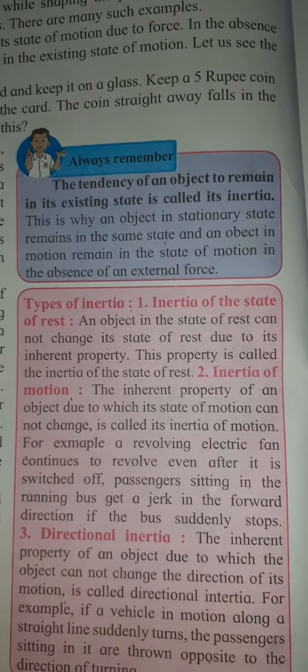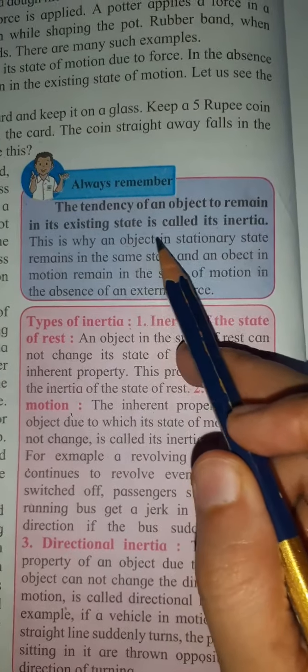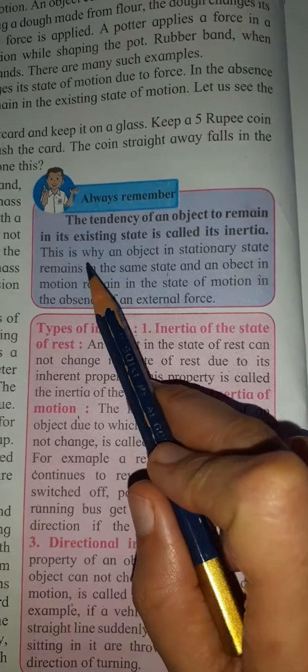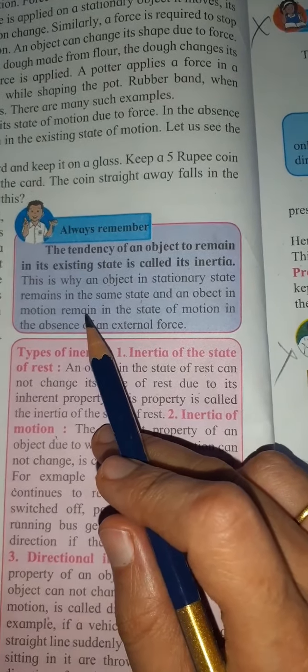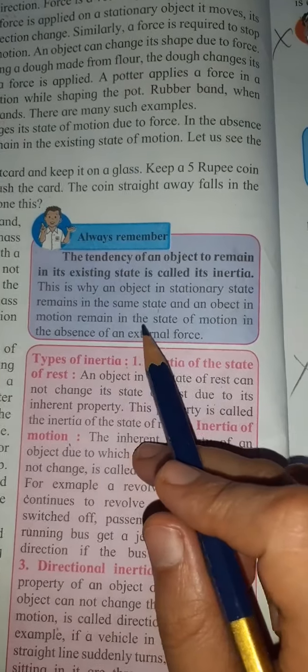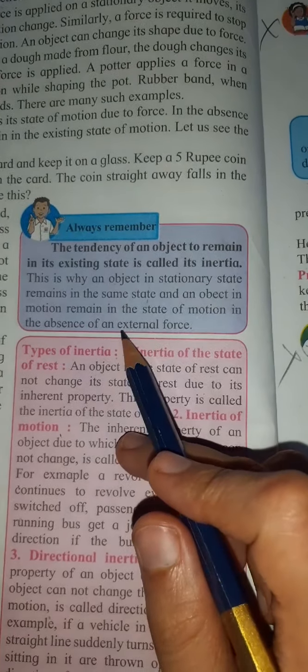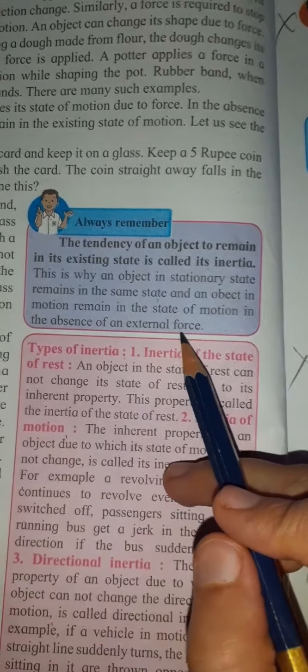So if you want to change the state of any object, we have to use force. To understand this statement better, I'll read out these lines. After the definition of inertia, they are saying that an object in a stationary state, which means not moving, remains in the same state, and an object in motion remains in the same state in absence of external force.